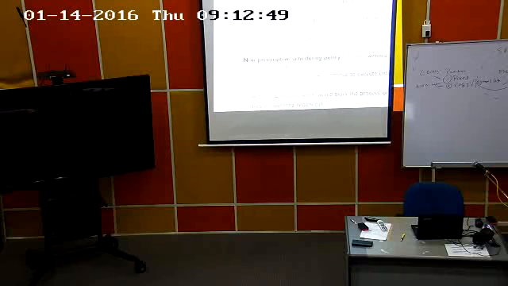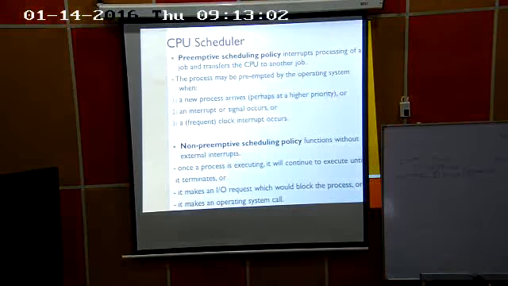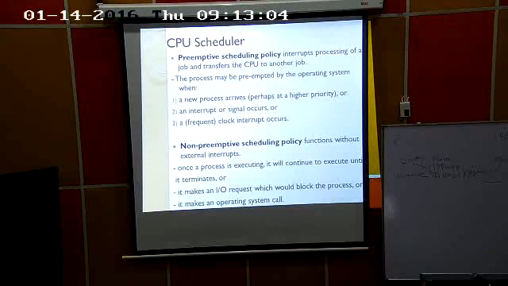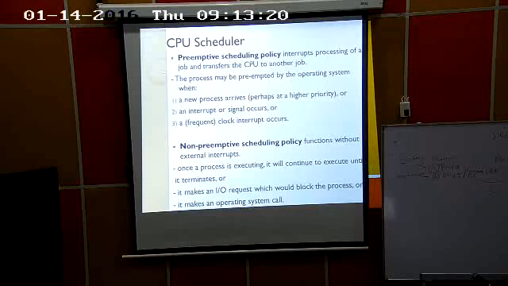Short term, you have several algorithms. There are many. The algorithm can be either FIFO, priority, round robin, or SJF, shortest job first.